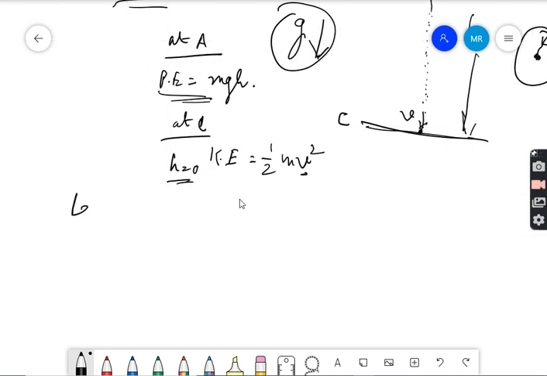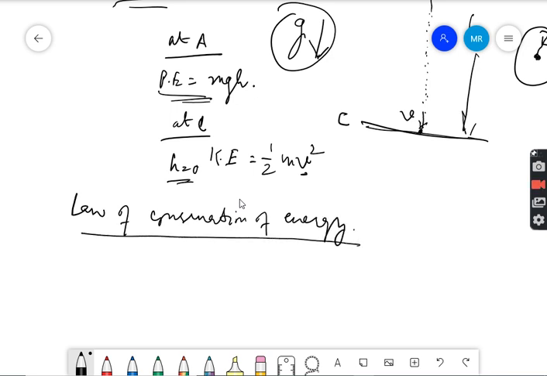Here we'll apply the law of conservation of energy. Since energy is conserved, energy can neither be created nor destroyed. Only the form of energy can be transformed, for example from potential energy to kinetic energy, from heat energy to light energy, and many more. So in this case, the work done is equal to change in energy.